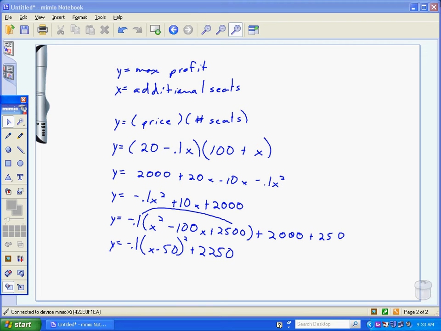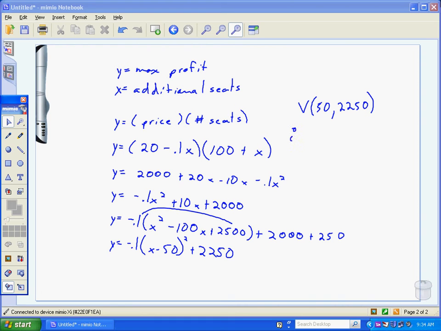We're in working form. The useful form, the form that we can get everything out of, as long as we know what everything is. What's the vertex? 50 and 2,250. So, the number of additional seats is x.